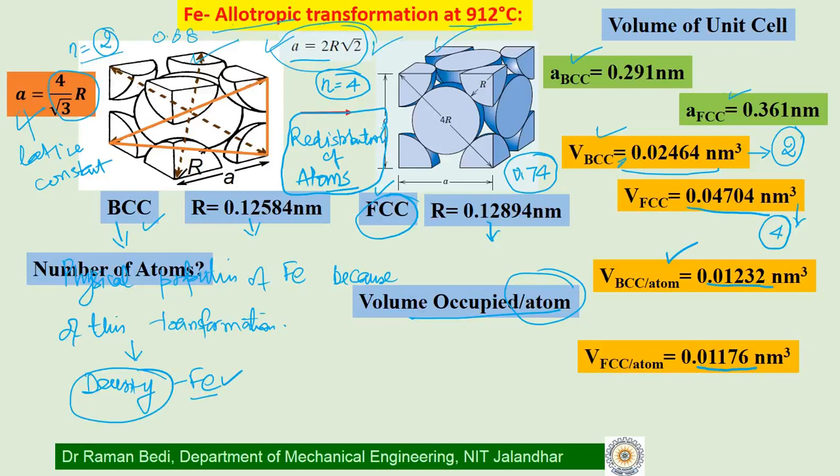A BCC one happens to have a larger volume occupied per atom, which tells me what will happen to the volume. Let's come to the density later, but let us see what happens to the volume here.